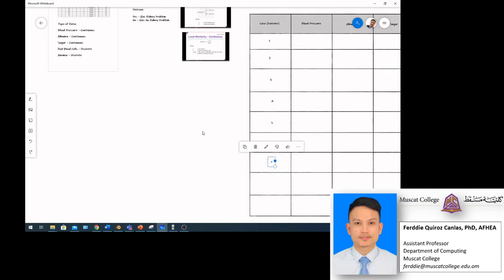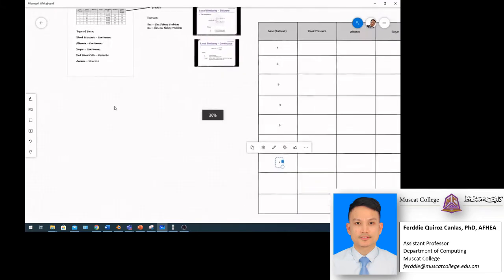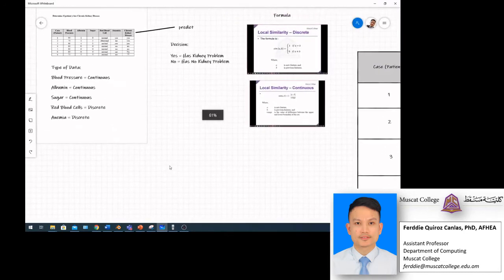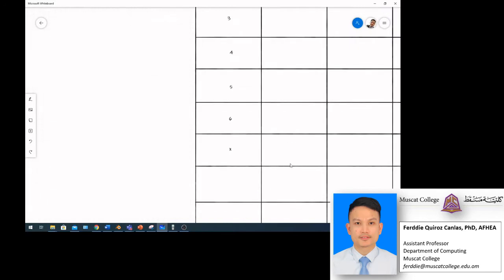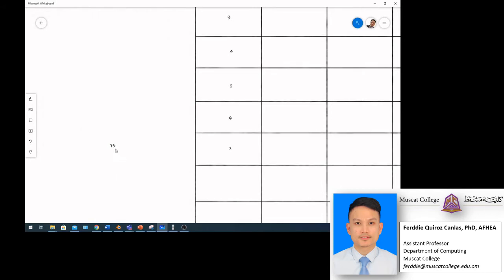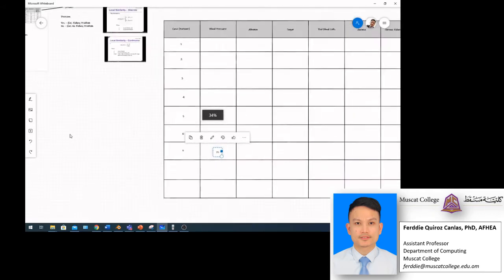So let's write all the values for patient X here. Patient X is having 75. You just have to make the calculation faster.